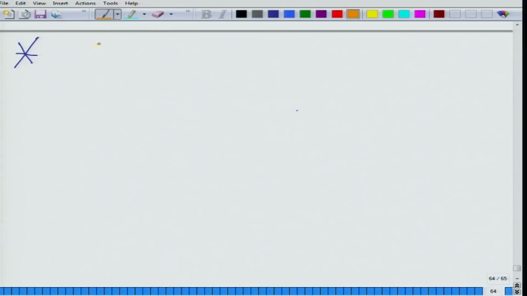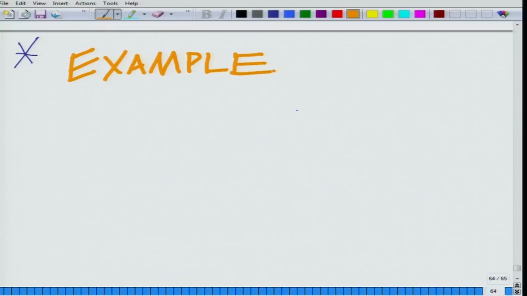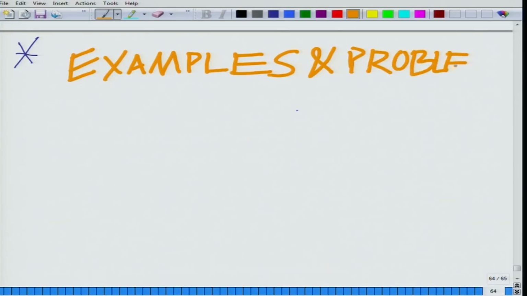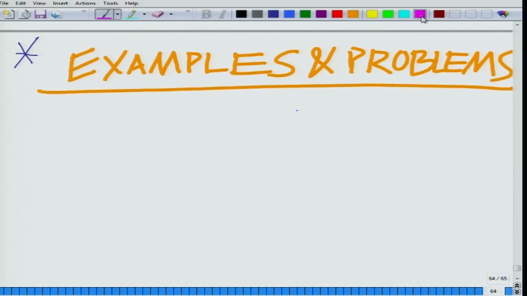Okay, let us do this as examples and problems in signal and system classification.